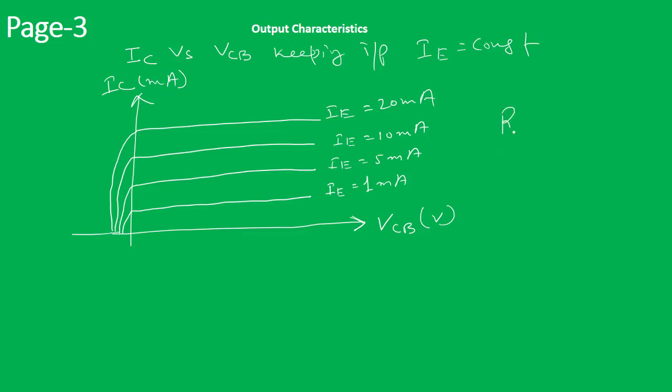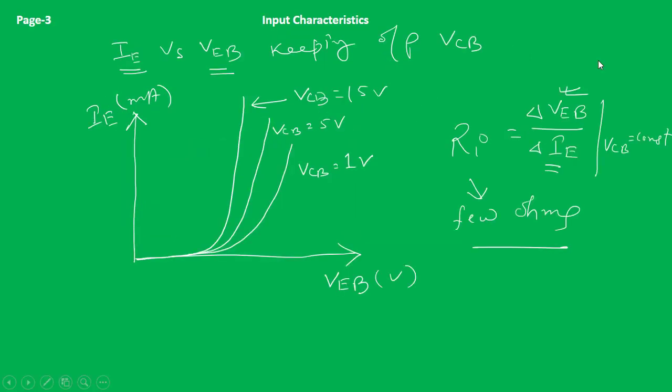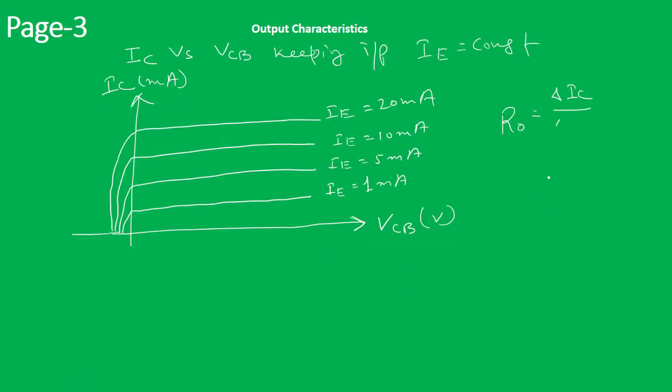So we can say that the output resistance, which is delta VCB by delta IC, voltage by current, means the variation in voltage is quite high compared to the variation in current.